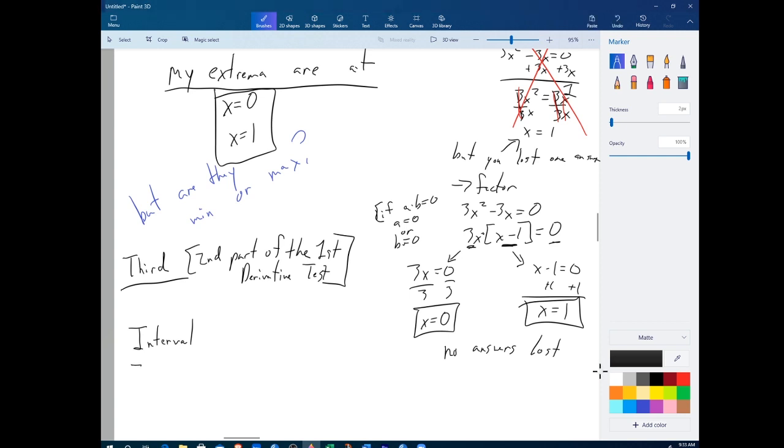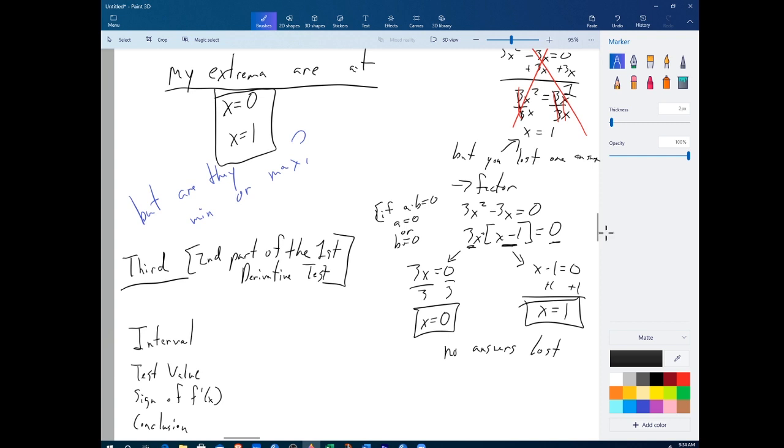I want to pick a test value in that interval to see how the derivative behaves. And I want to know the sign of that first derivative in that location. And I want to have a conclusion that I can use on my graph. Every textbook you look at for calculus will have these 4 things, and they'll organize it as a table.